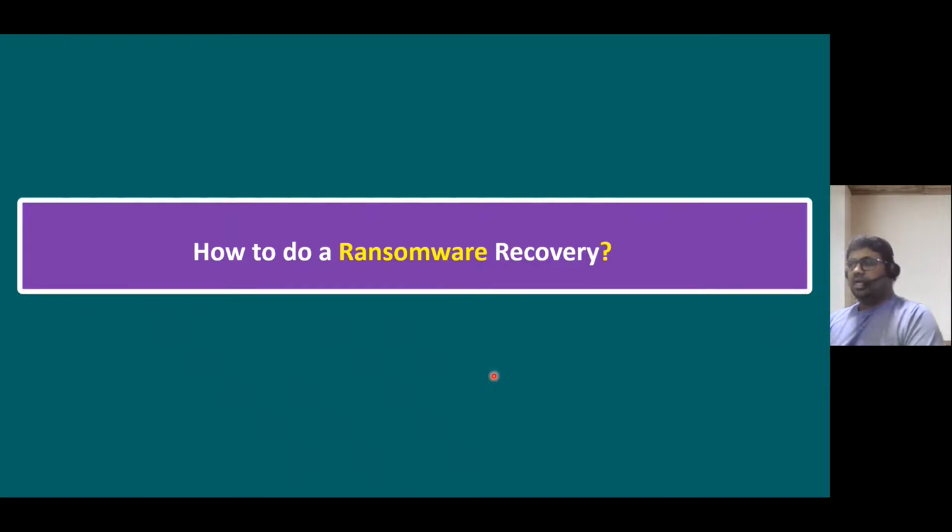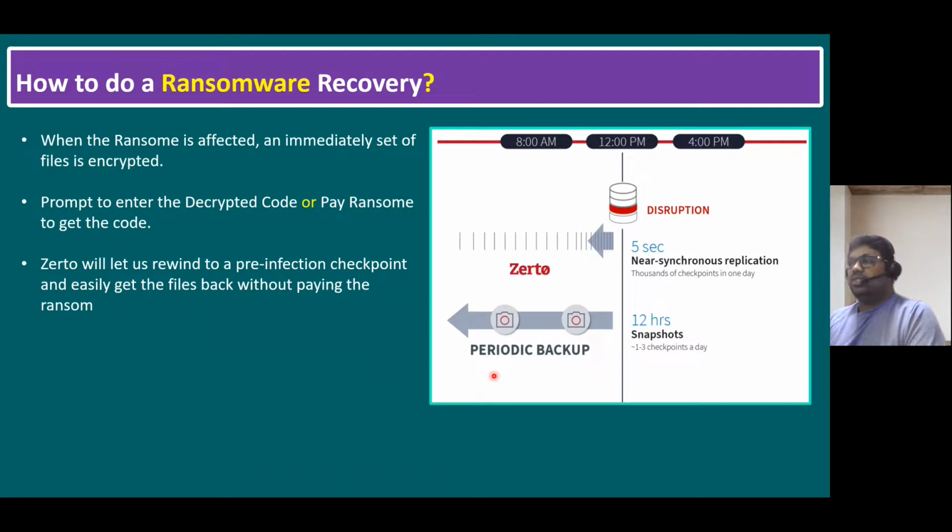So when it comes to ransomware recovery specific to Zerto, when ransomware strikes, a set of files is immediately encrypted. This is how the end user initially identifies it: the project-related files are all of a sudden, unexpectedly encrypted.